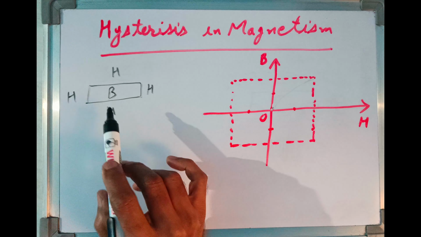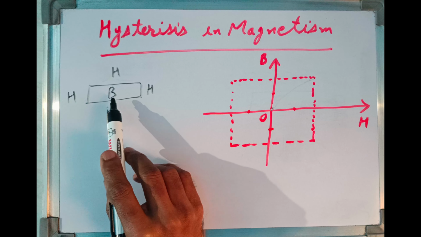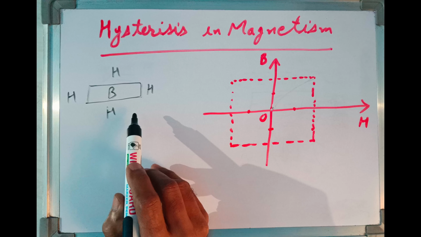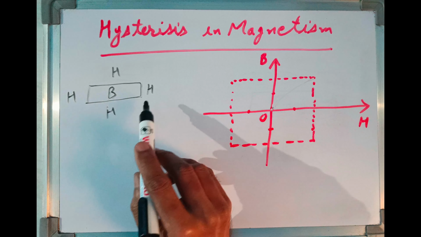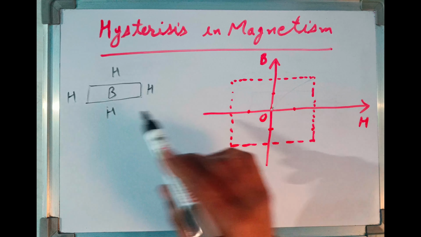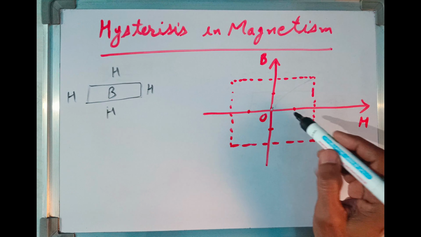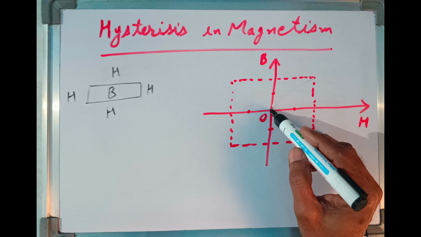The variation of induced magnetic field with change in external magnetic field can be understood with the help of this graph. When the external field is 0, the induced magnetic field in the material is also 0, and we are here.